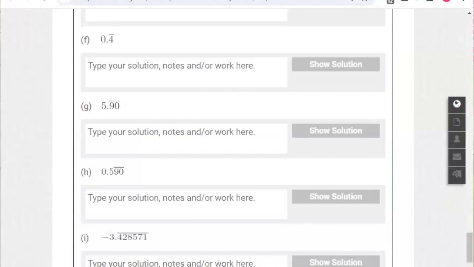Sorry, I lost for a second. 990x equals 585. Agreed. X equals 585 over 990.